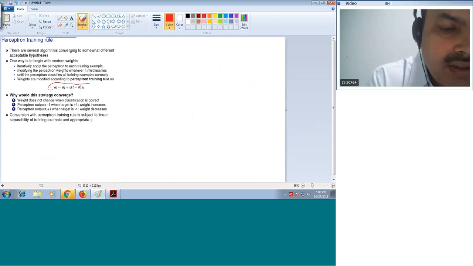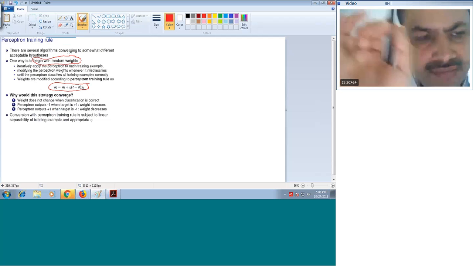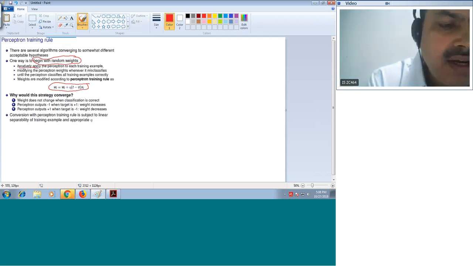The formula is this: begin with random weights. Initially you pick any weight. Iteratively apply the perceptron to each training example. One by one, every training example you consider and change the things. Modify the perceptron weights when it misclassifies, when there is a misclassification.